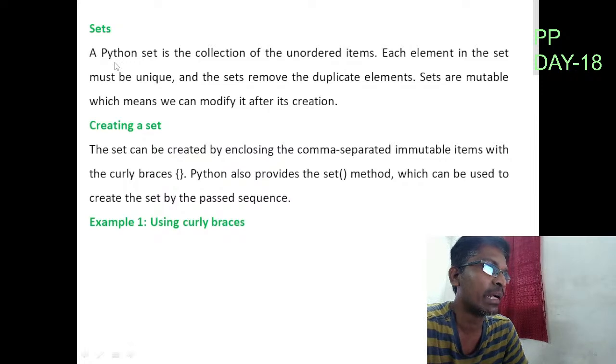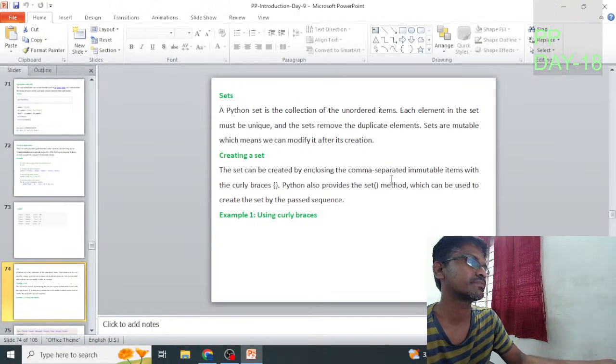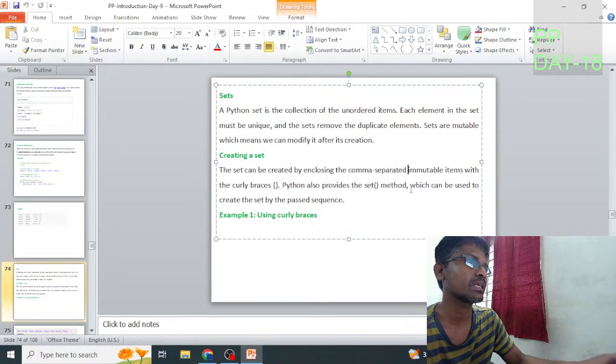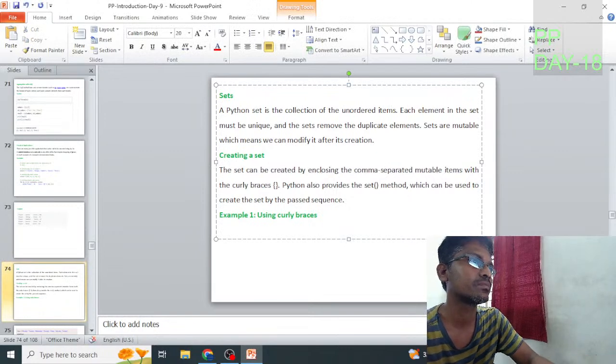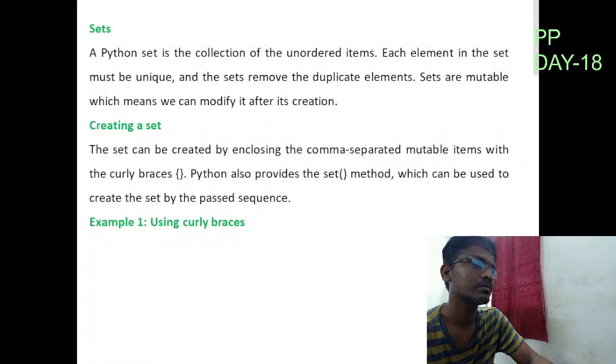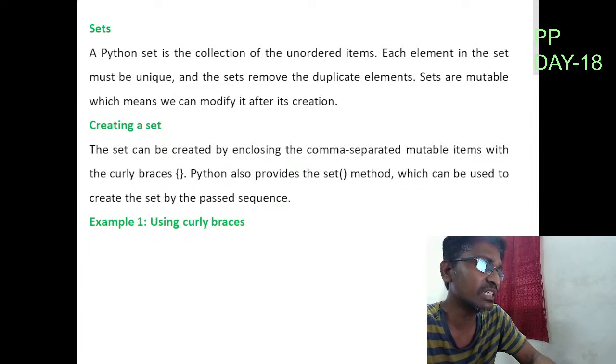I hope you are understanding what I am saying. So sets come under mutable data types. I already discussed mutable and immutable data types in a previous class, so I will repeat once again. Mutable data types are list, set, and dictionary, and immutable data types are numbers, strings, and tuples.